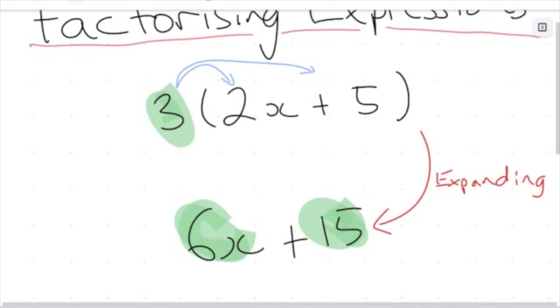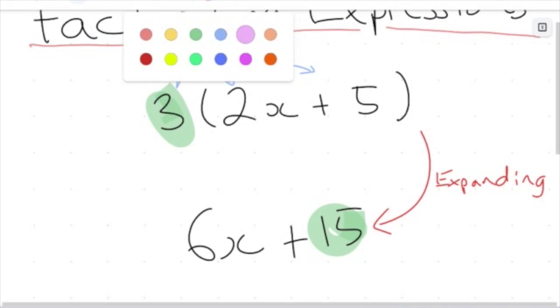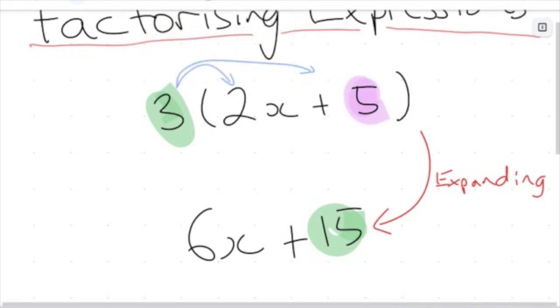Well, it may not be immediately obvious, but 3 actually goes into both 6x and 15. Now, how many times does 3 go into 15? Well, it goes into 15 5 times. So think about it. To get from up here to down here, we expanded, we multiplied.